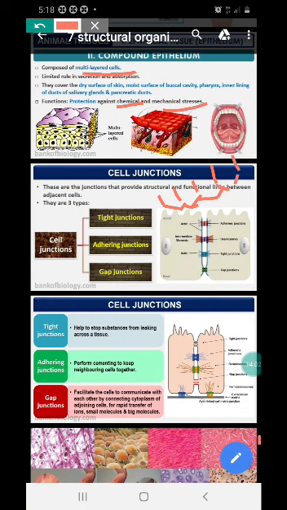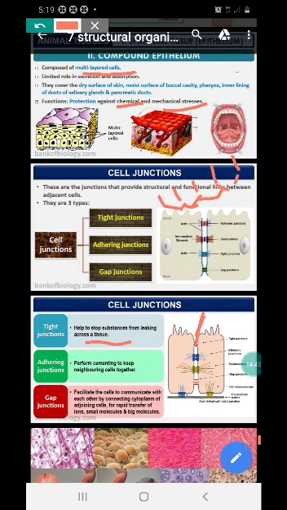These are the junctions that provide structural and functional connections between adjacent cells. Now there are three types of junctions. First, the tight junctions. The tight junctions help to stop substances from leaking across. See, you can see this figure, this is the tight junction. It prevents the movement of substances from one cell to the other.